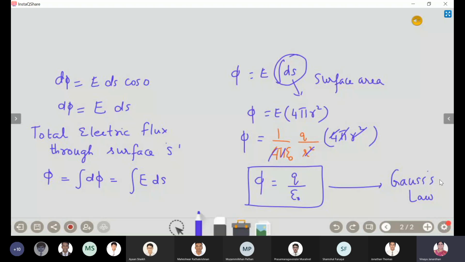So I'll do a numerical on breaking the system of charges, the potential energy required. Can I go for the next one? One numerical, I'll go for that. Triangular shape. Shall I do it?